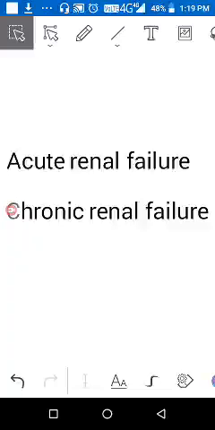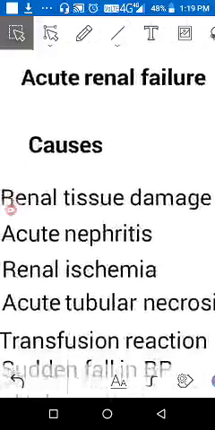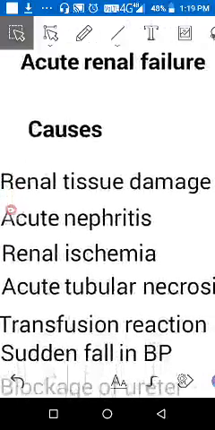Okay, so first we will discuss the acute renal failure. If the kidney has a sudden damage, what are the symptoms and what are the causes? We will discuss that. In acute renal failure, what are the causes? First one is renal tissue damage.